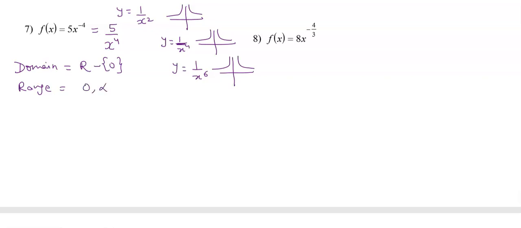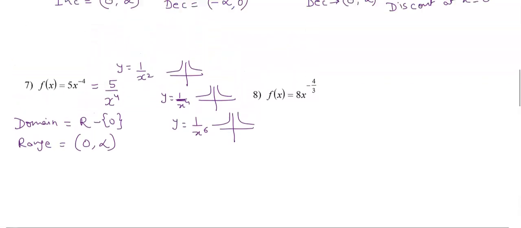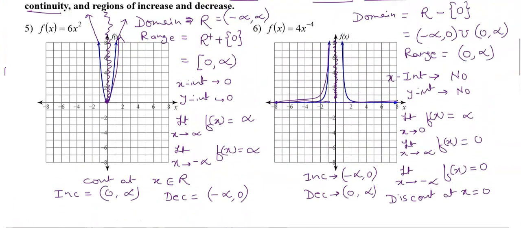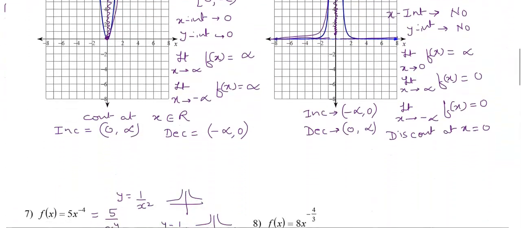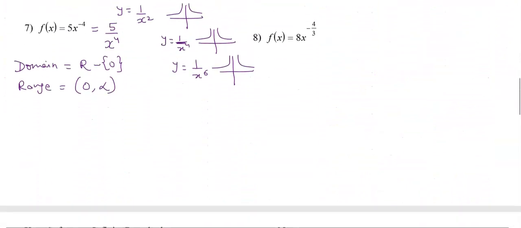Good. After that, we had to find the intercepts, end behavior, and continuity. So guys, you can see that there is no x-intercept and no y-intercept, right? What is the end behavior? It is very much the same as the last question.